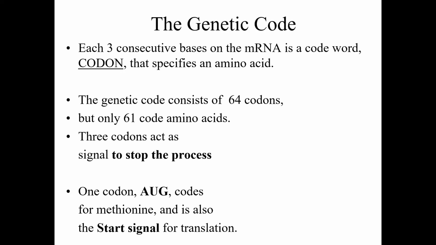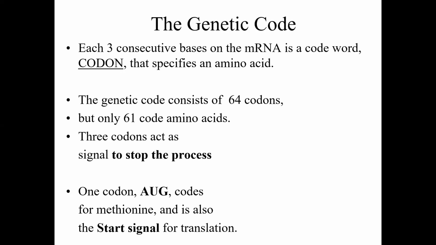If you look at the characteristics of this genetic code, it is a triplet code. That is, the genetic code is made up of triplets of nucleotides, and it is non-ambiguous, meaning each codon specifies a single amino acid. It is degenerate, meaning multiple codons can code for the same amino acid.